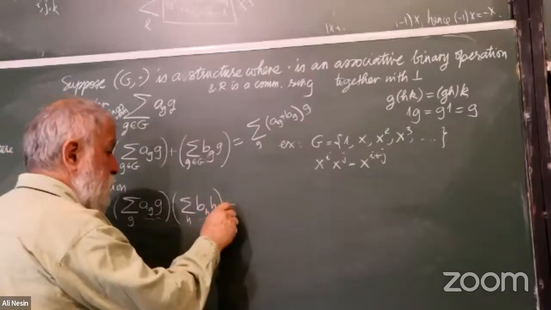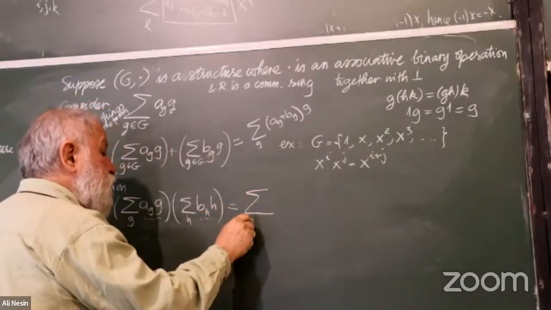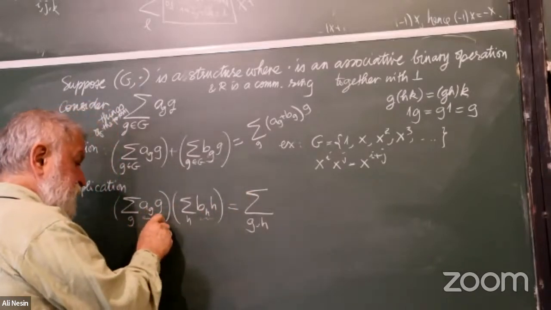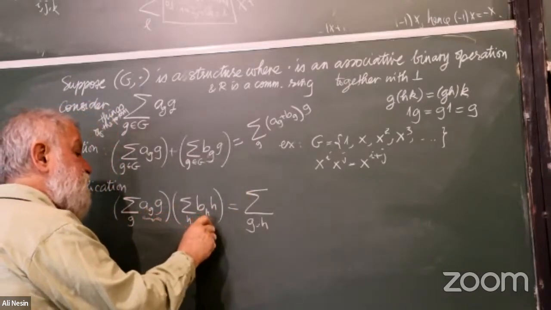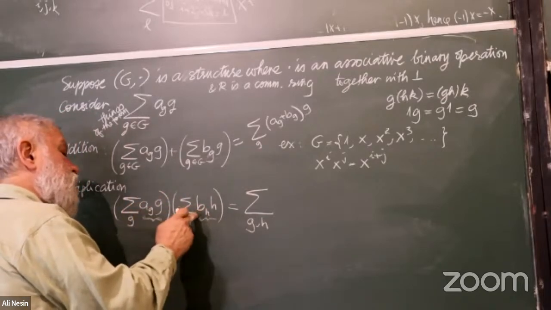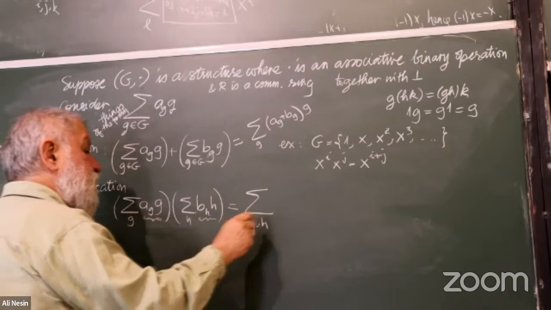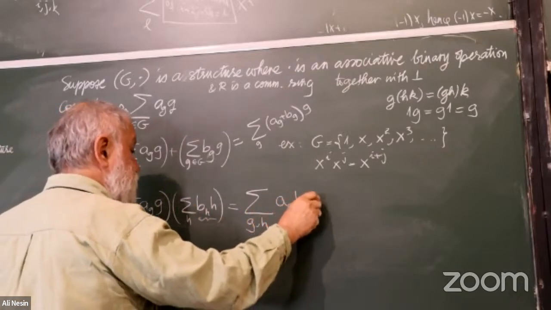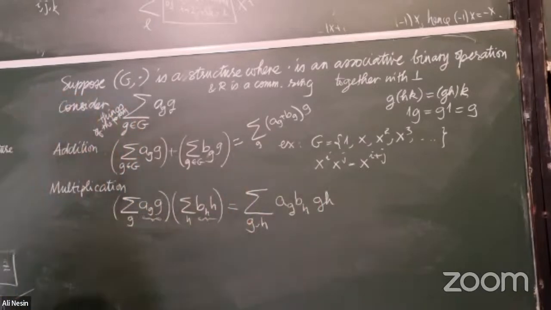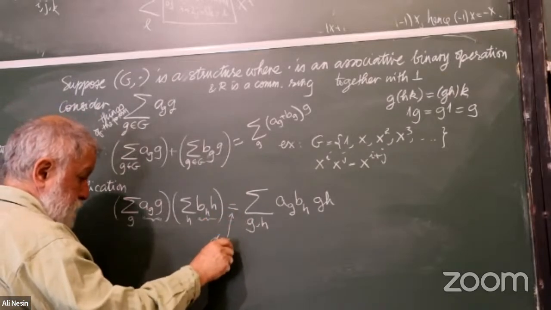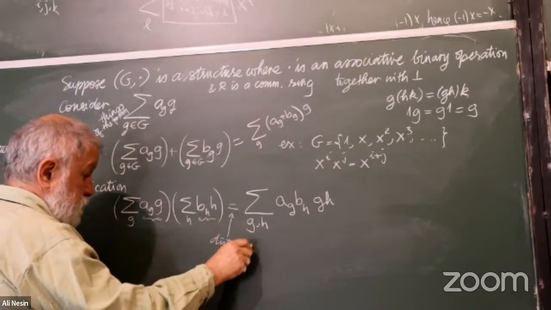So this will be the sum over all g and h of a sub g times g, and b sub h times h. But b sub h will go before g. I will assume that b sub h commutes with everything. a sub g times b sub h, gh. That's correct. Right? Because it's a distributive law.